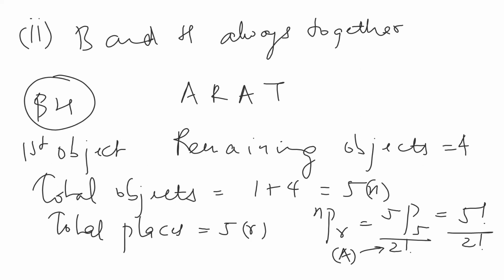So for never together, will you subtract it from the total? Yes. But then this is not yet over. Always together is also not yet over. So after this, I'm going to write within first object.